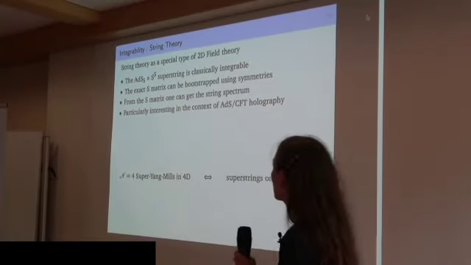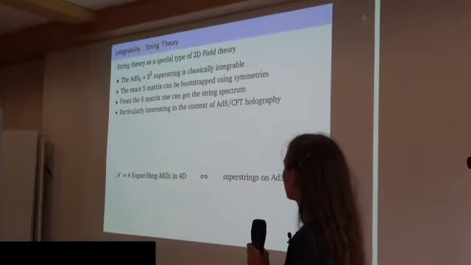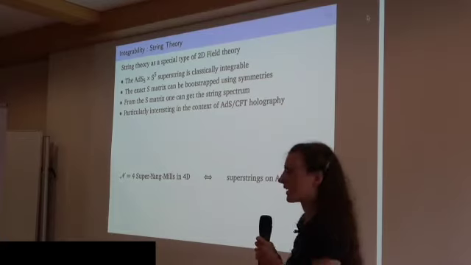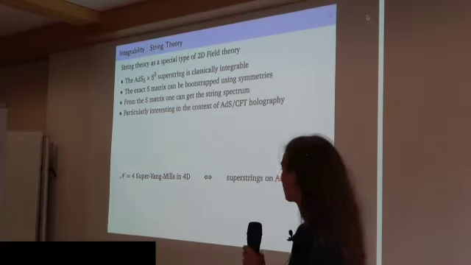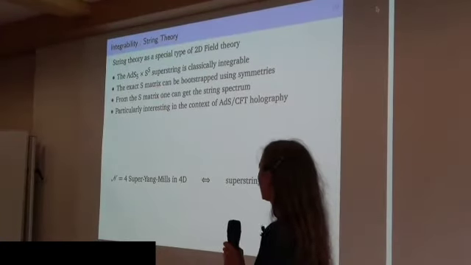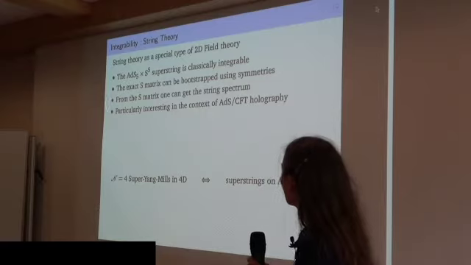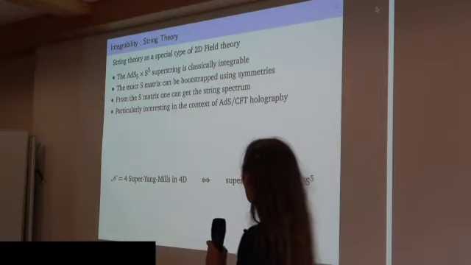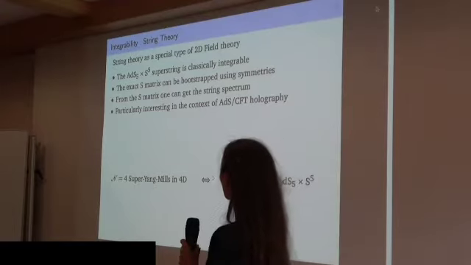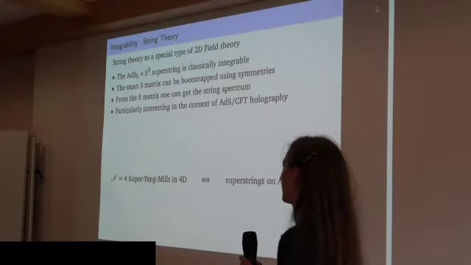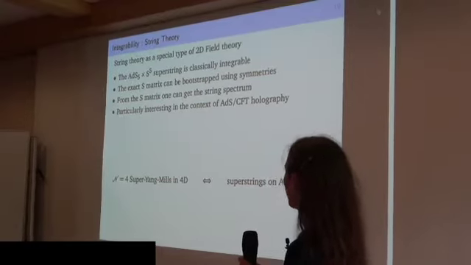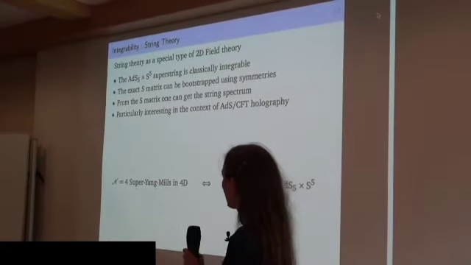And one celebrated example of this AdS/CFT duality is the correspondence between strings on AdS5 x S5, so on this geometry that we just saw, and on the CFT side we have N=4 super Yang-Mills in 4 dimensions. So this is also one of the reasons why studying this type of geometries is interesting, but in this talk I will not go into the details of this duality, but I will mainly discuss integrability of the AdS5 x S5 superstring.